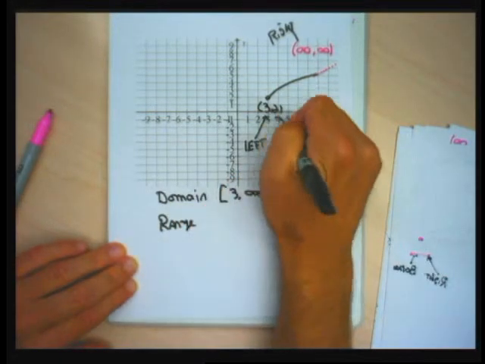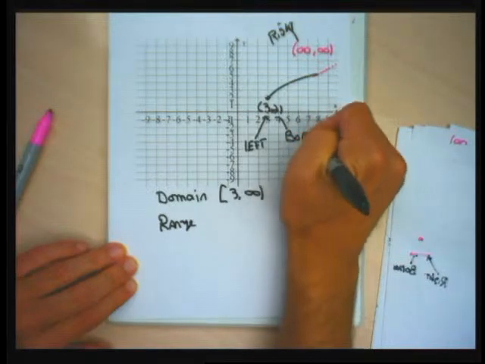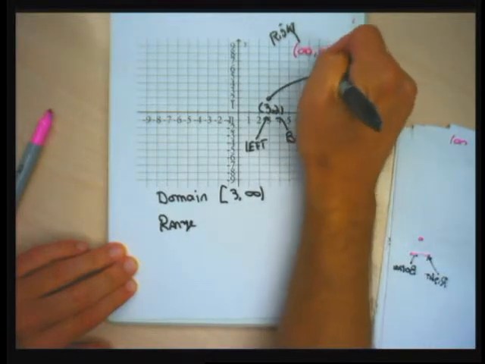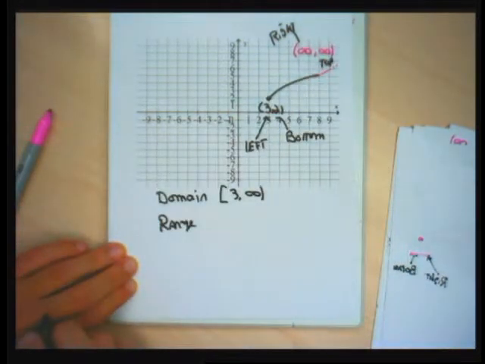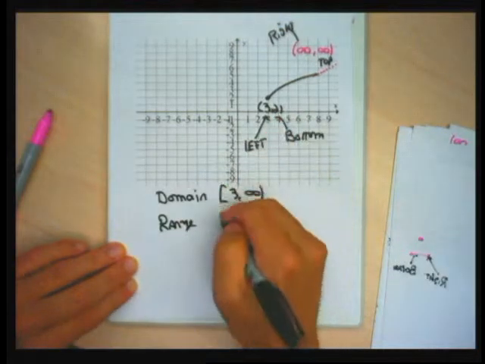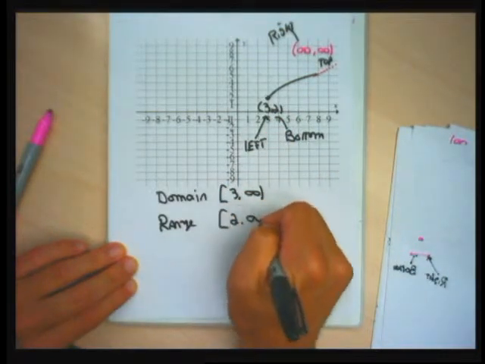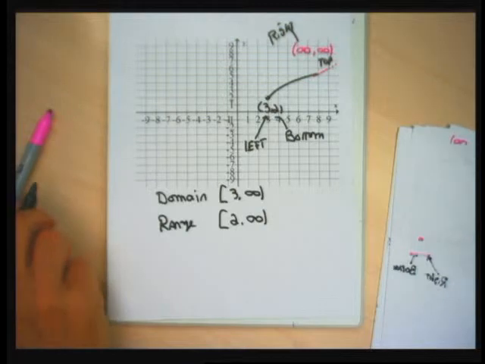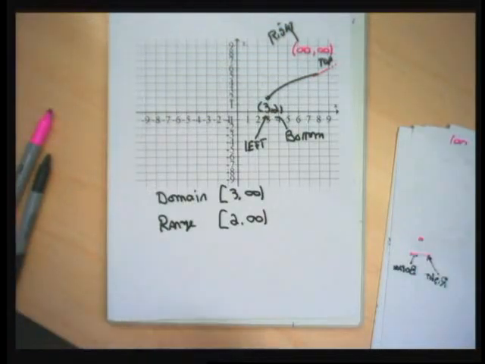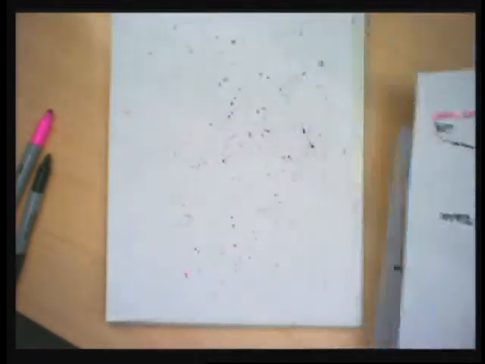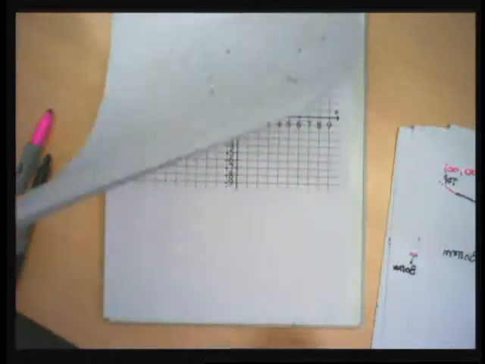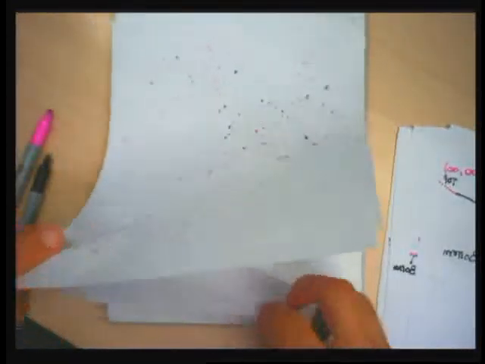For the range, I need the bottom point in its y and the top point in its y. So my range is going to be 2 to infinity. I'll make up 3 more problems and then do the last problem in the section, which is a trick question, and it's not going to make its way onto the test, but it'd be nice if you could get it.